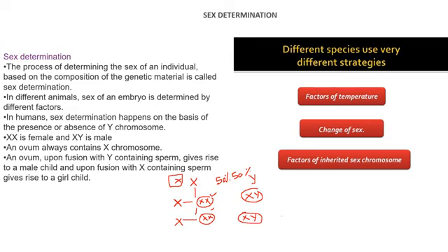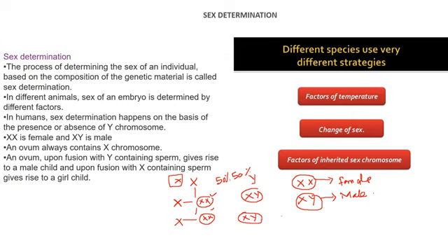Okay, by now you must have come to know that when a progeny has X and X chromosomes, this progeny will be a female child, right? And when a progeny has X and Y chromosomes, this will be a male child, right?